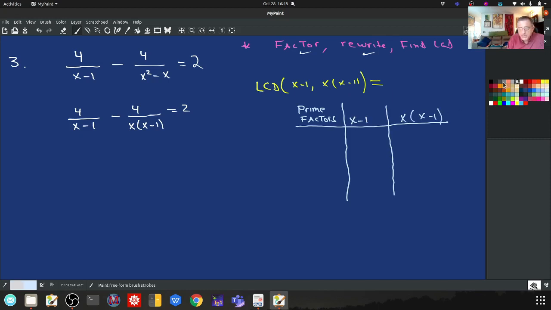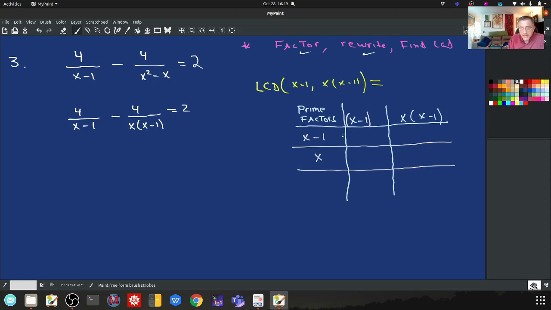Now if you're uncertain, you might want to put these in parentheses. So what are my prime factors? X minus 1 is a prime polynomial. Then I have x times x minus 1. Well, that's the product of two factors. X minus 1 is prime, but I already have it there. But I don't have the x, so let's put my x here.